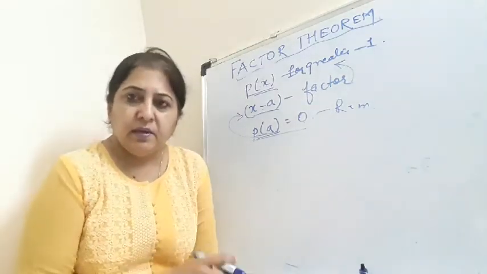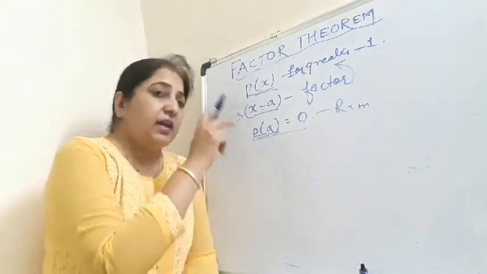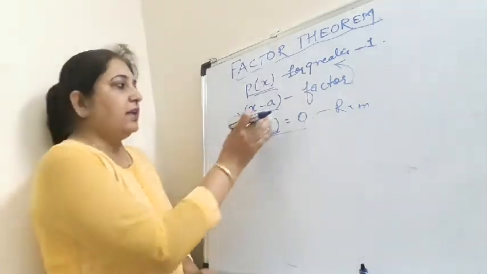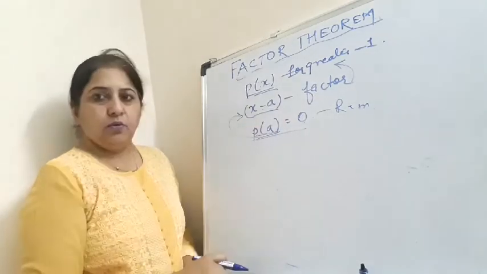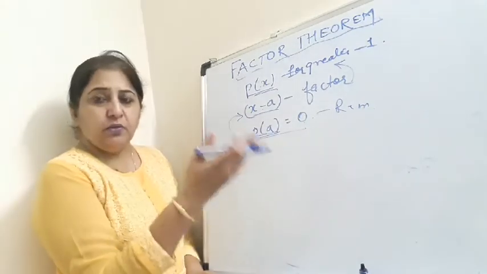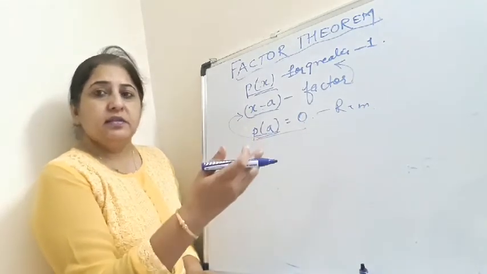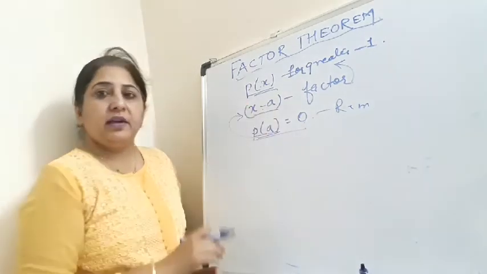You can have any remainder, minus 1, minus 2, or any other. But in the factor theorem, how will you show that a particular divisor is a factor? Only when the remainder is 0. If you get a remainder other than 0, then you will write that the given divisor is not a factor.